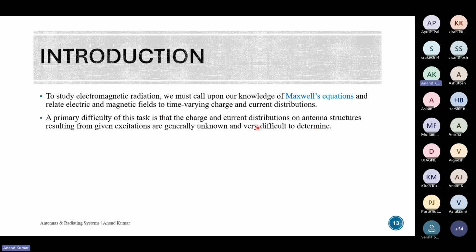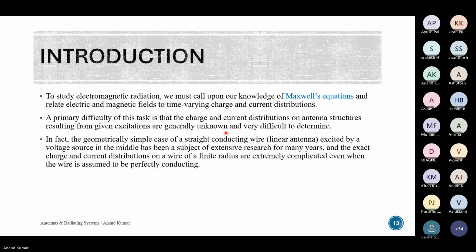But there are some difficulties around modeling antenna structures because the current distribution on them is not very simple. So you have to do a lot of approximations, but all things considered, we generally get a very good model of how the antenna would work.